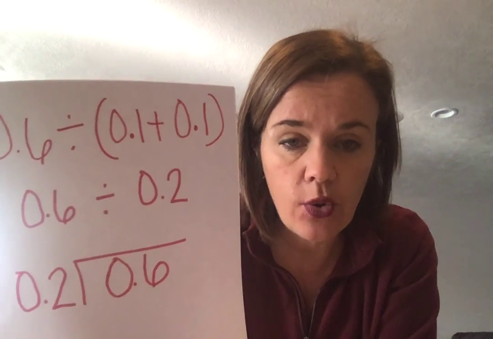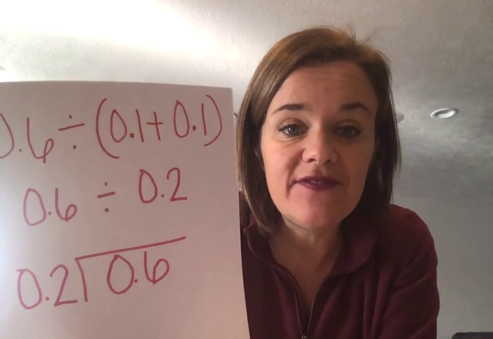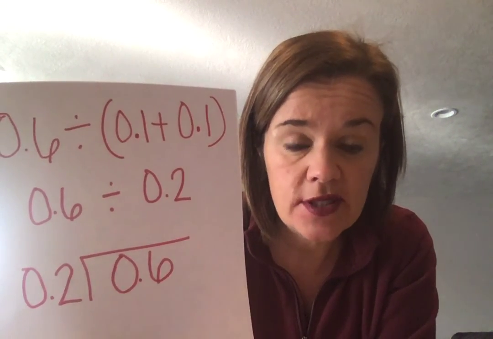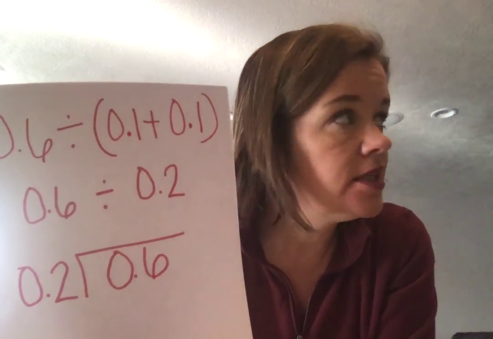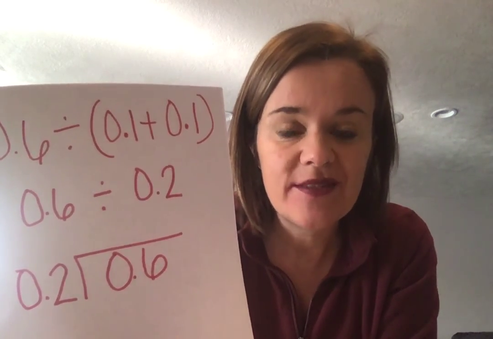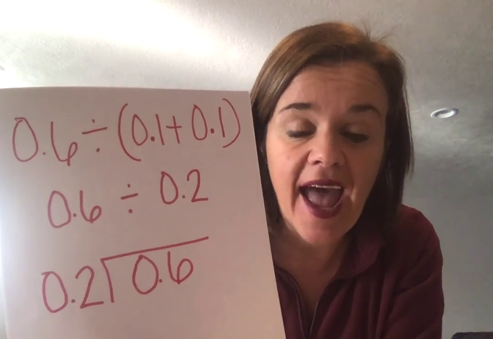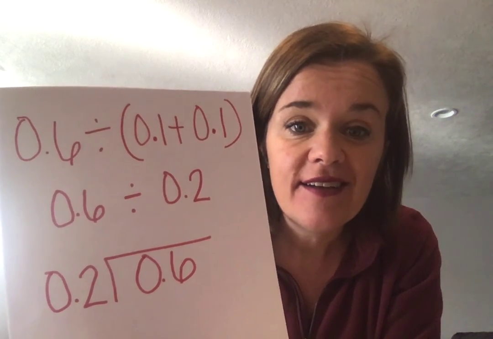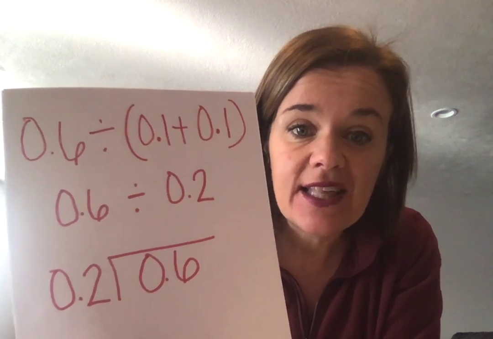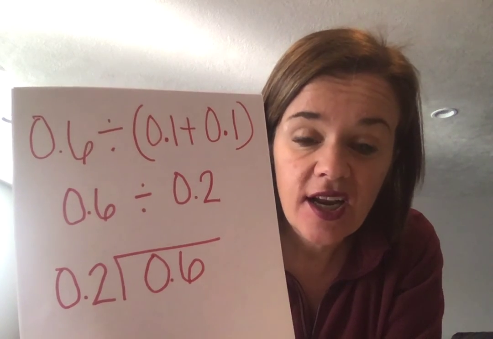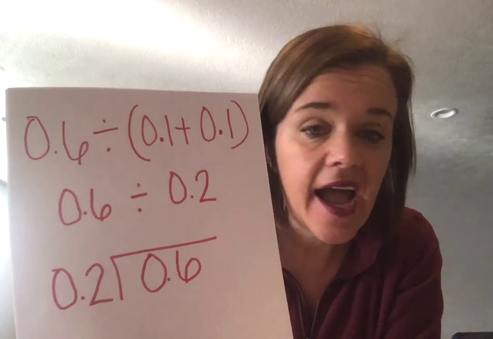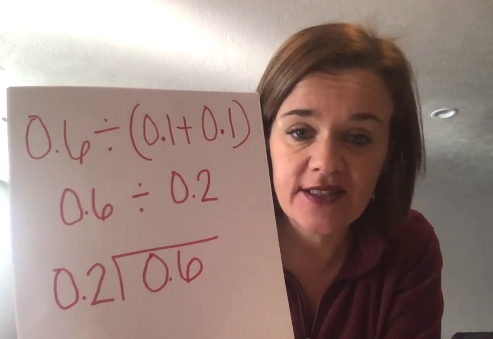Now this is a quick review of division of decimal numbers, okay? So remember our 3 special steps, right? Step 1, when you're dividing decimals, is you look at your divisor. Is there a decimal in the divisor? Yes, there is. I can't have a decimal in the divisor, can I?